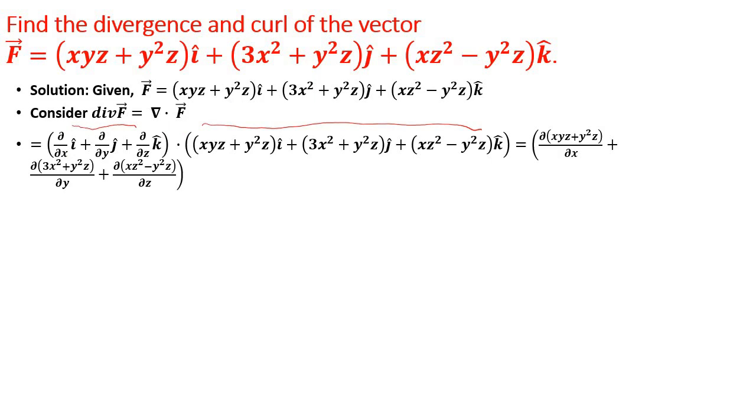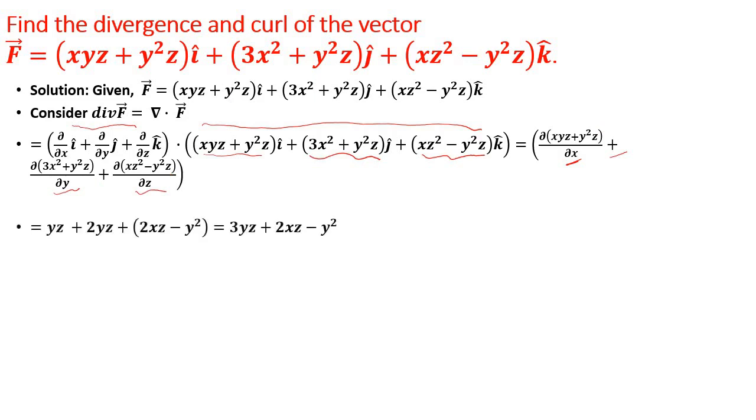The product of coefficients. The i coefficient is here. So, partial derivative of xyz plus y square z with respect to x, plus the partial derivative of the j coefficient with respect to y, plus the partial derivative of the k coefficient with respect to z. This gives divergence of a vector.